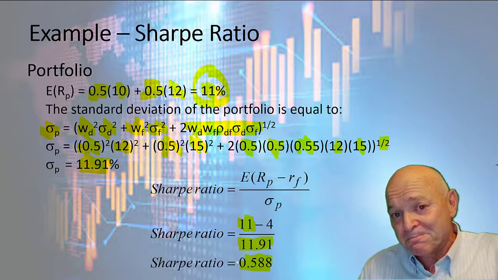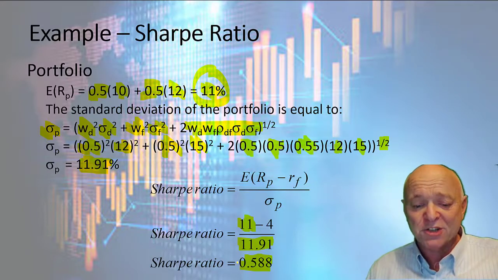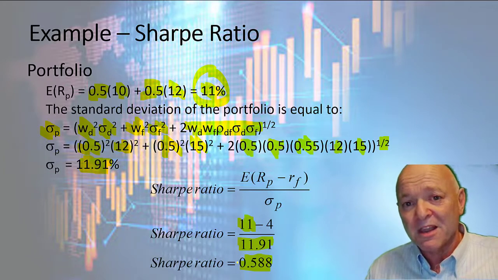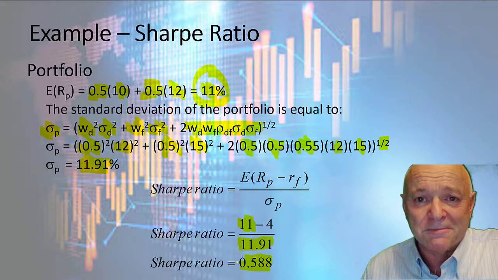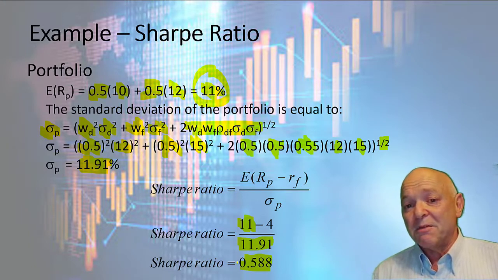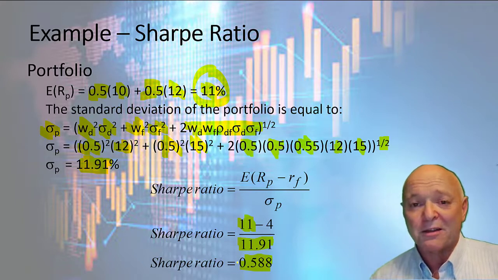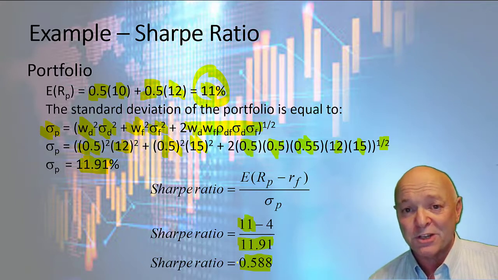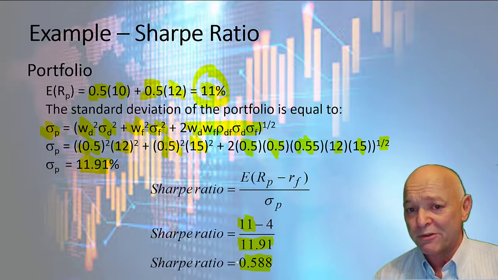Now, recall from the previous slide that a domestic portfolio had a Sharpe ratio of 0.5. A foreign portfolio had a Sharpe ratio of 0.533. The mixed portfolio, with a correlation coefficient of 0.55, is actually a lot better at 0.58 or 0.59.